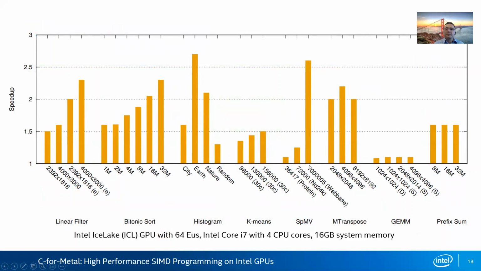Although OpenCL is able to achieve this by using Intel's subgroup extension and mimicking a CM implementation, CM still outperforms OpenCL by 10% because of the better register management.